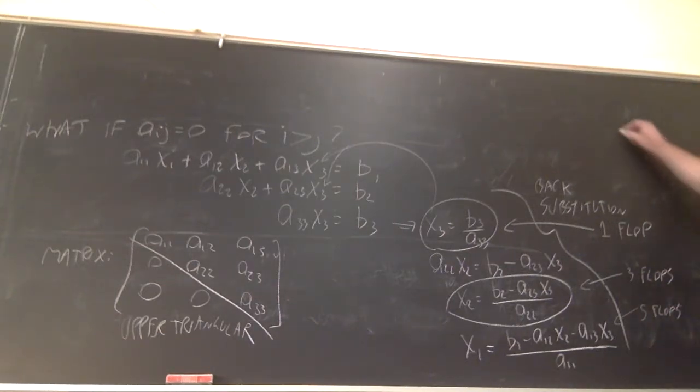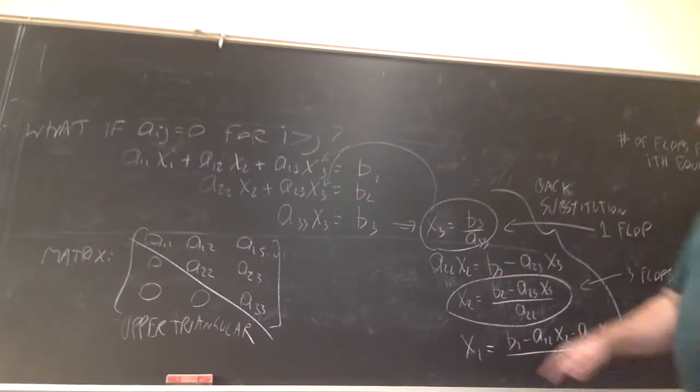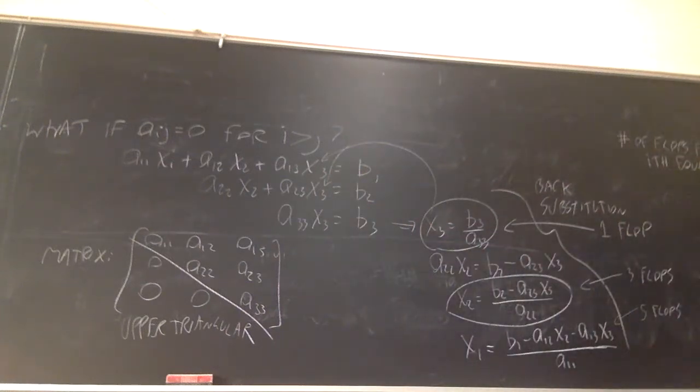So the number of flops for the ith equation, in terms of the order that we'll solve them, and I'm referring to this as first, second, third just so the formulas work out more nicely, I want it to be equal to 1 when i equals 1, 3 when i is equal to 2, and 5 when i is equal to 3.